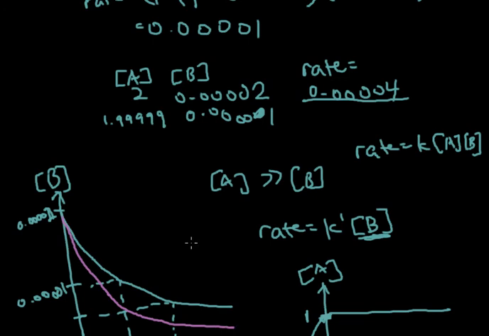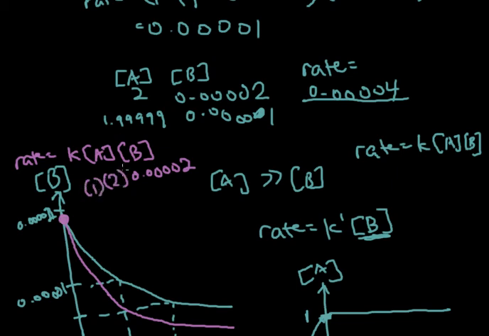So you note that the initial rate, or the rate at this point of time, is given by rate equals K of A and of B, right? So B always started at 0.0002. But for the second reaction, A is 2 now, and K I'm assuming is 1.